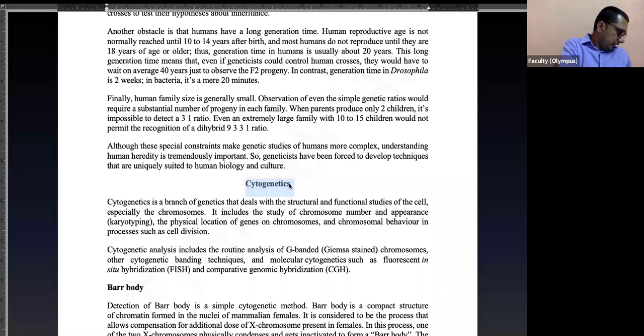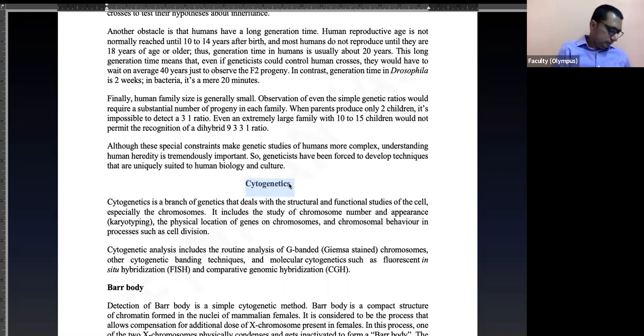So what is cytogenetics? So cyto refers to what?